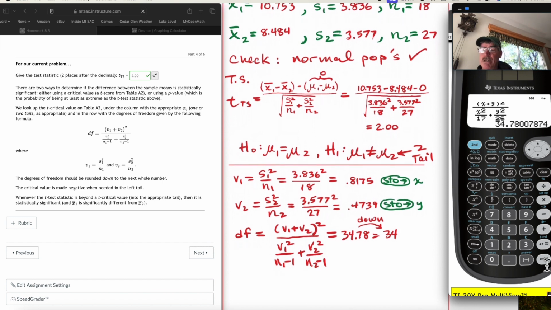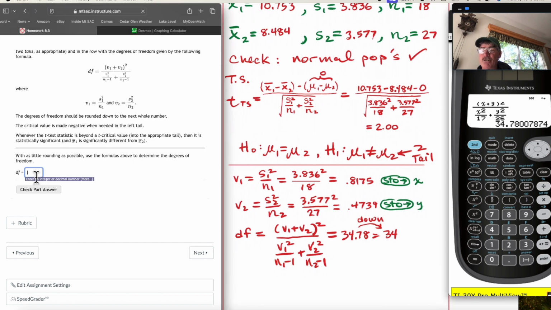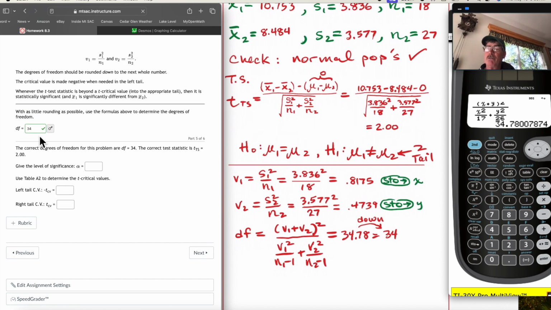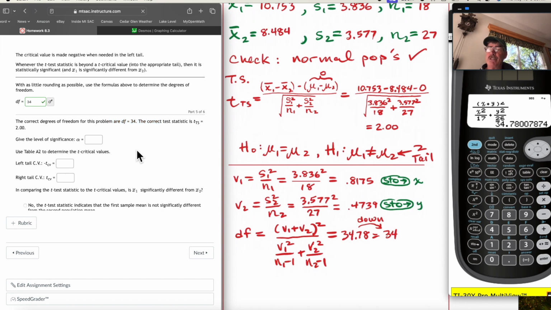And so down here, I think we can go ahead and put in, fingers crossed. This is always a real tricky computation. But it is correct at 34, and if you get it wrong, then it'll give you the degrees of freedom right here. Okay, so no worries there.